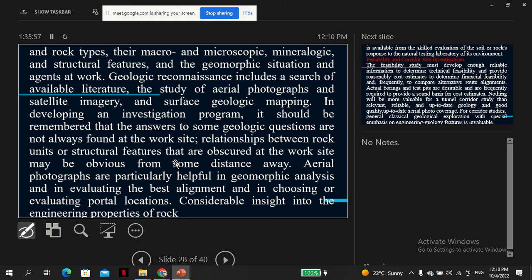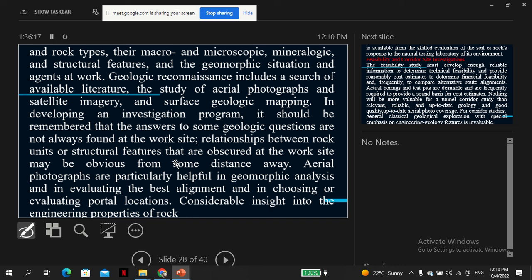So you can see the challenge I'm talking about. All these things you're doing from the ground: the literature is available data, but the photographs and satellite imagery you can only do from above the ground, while in fact your tunnel is going to go deep inside the soil. So you can already see the challenge.